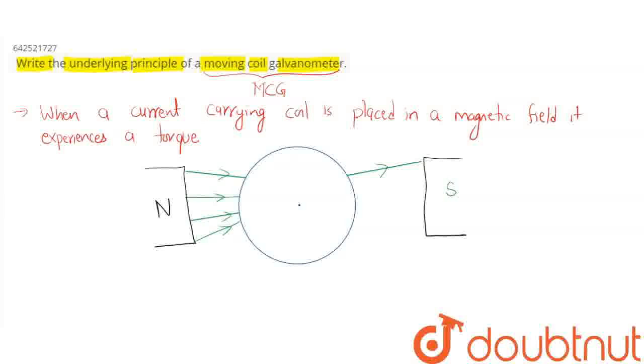Now the magnetic field lines will be directed towards the south pole.